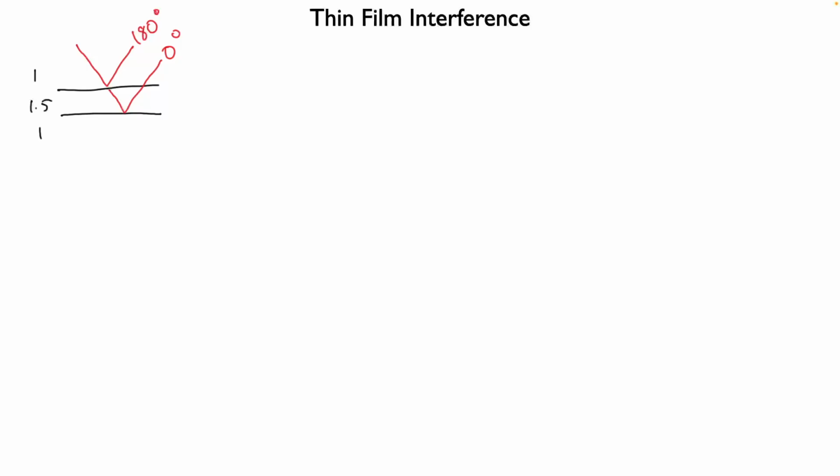All right. We are trying to figure out what condition will cause constructive and destructive interference. And remember, in interference, we always set a path length difference equal to some sort of condition. The second ray traveled an extra distance through the film, and if the film thickness is t, then the path length difference is 2t.